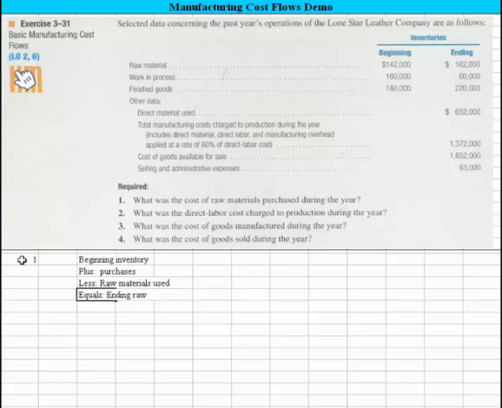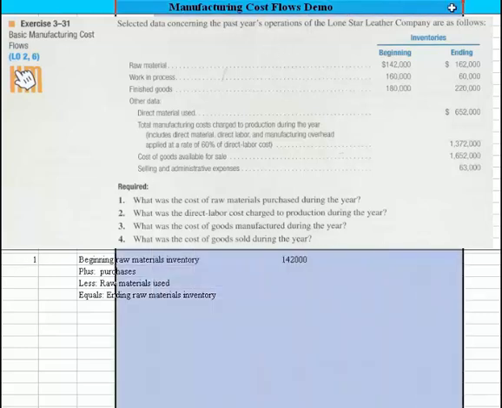This is all of raw materials, so let's say ending raw materials inventory, and we'll change that to beginning raw materials inventory. Okay, so let's put our numbers in. We know the beginning is $142,000. It's given in the first number in the table above. Let me format these so that it's all in comma with no decimal places.